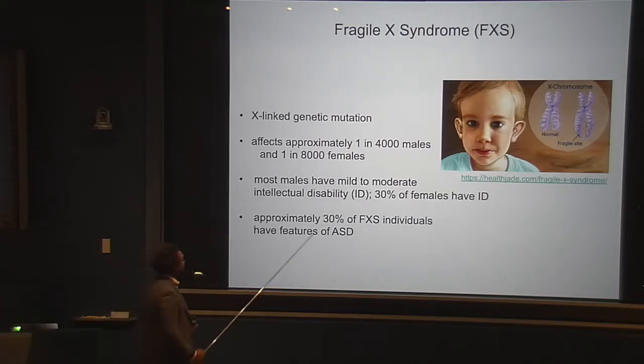Most males have some sort of a mild to moderate intellectual disability. Fewer females have intellectual disability. And importantly, for today, approximately 30 percent, the number sometimes changes, of these Fragile X patients, these individuals have features that would put them on the autism spectrum.